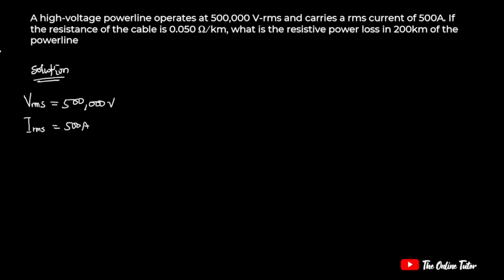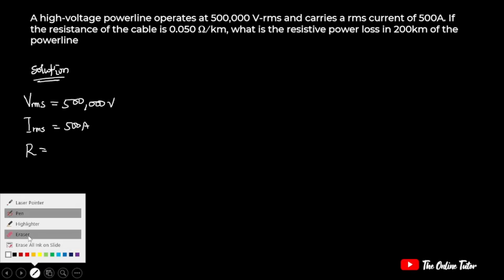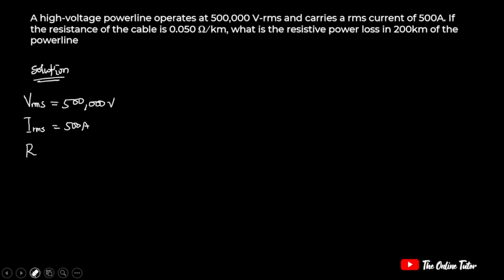Then we have the resistance, which is R. The resistance per kilometer is 0.050 ohms. So we've been asked to find the resistive power loss in a 200 kilometer power line.